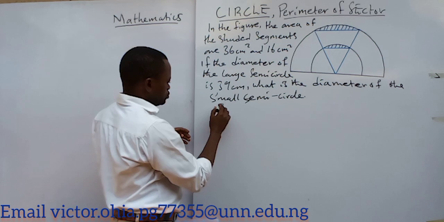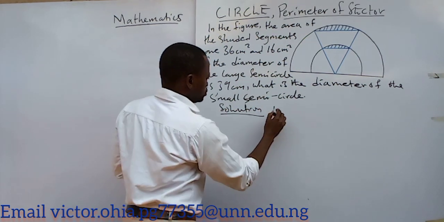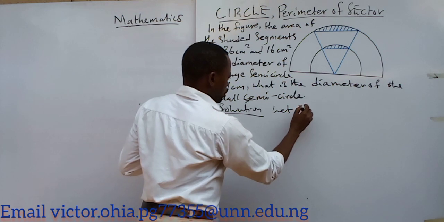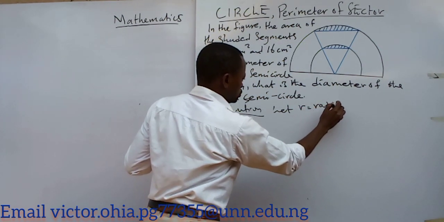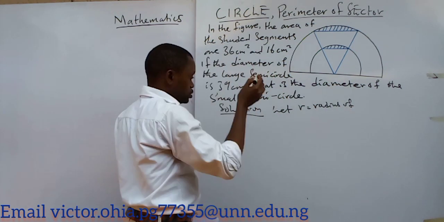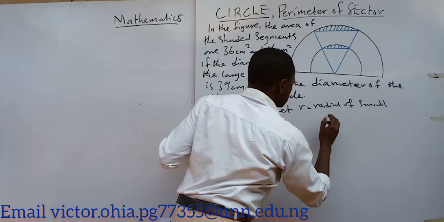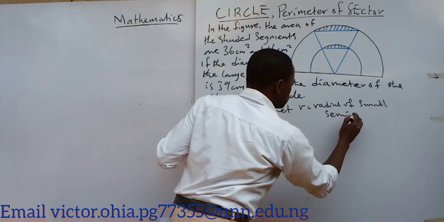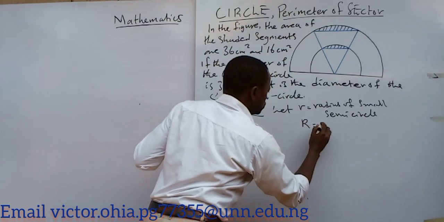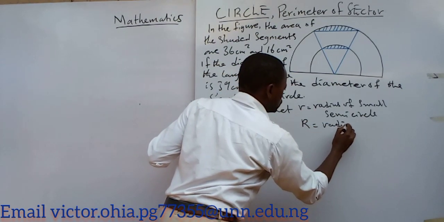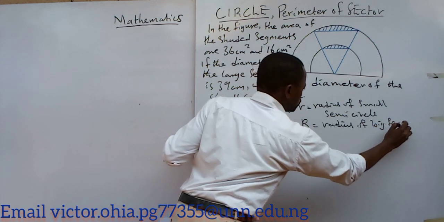I now said, solution: let small r be the radius of the small semicircle, and capital R the radius of the big semicircle.